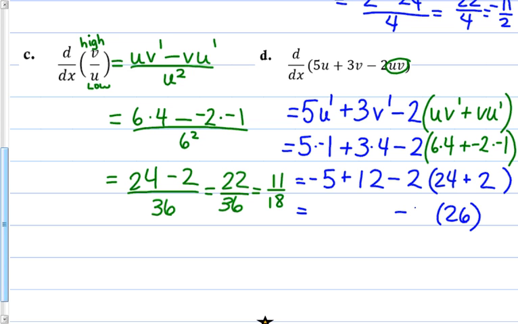I'm multiplying that by 2. And then I have negative 5 plus 12, which is 7. So then 7 minus 2 times 26, which is 50. Brain dead. 52. So 7 minus 52, and I get, wow, brain dead for real. Negative 45.